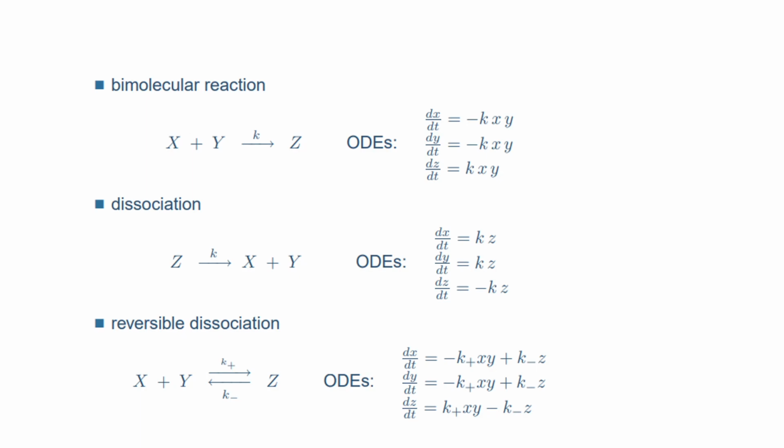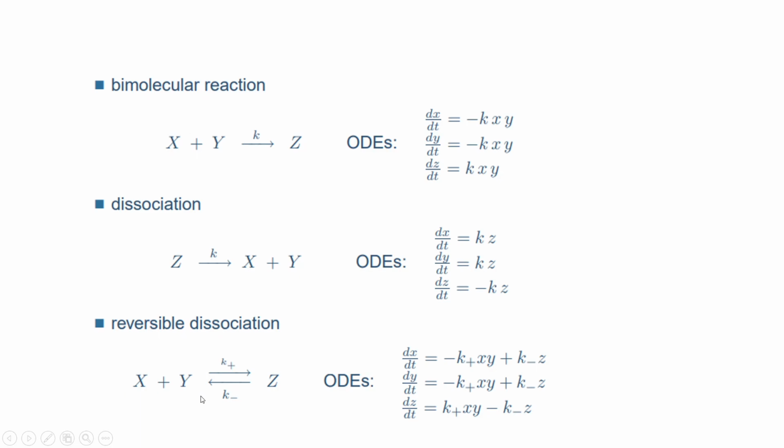So maybe in the cell, some proteins are coming together under certain pH and making a dimer or a complex protein with two or three proteins involved. Then when the pH or the temperature changes inside the cell, it is getting degraded back to its original components. So you have a forward rate of reaction, k plus, and also a reverse rate of reaction, k minus.